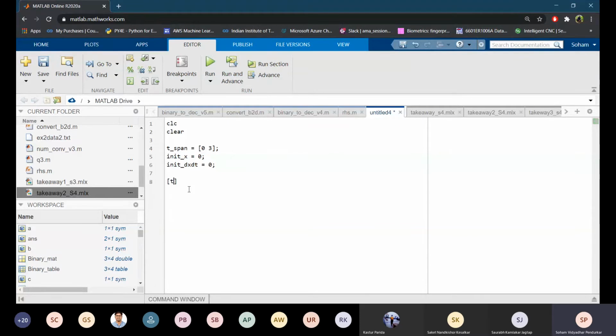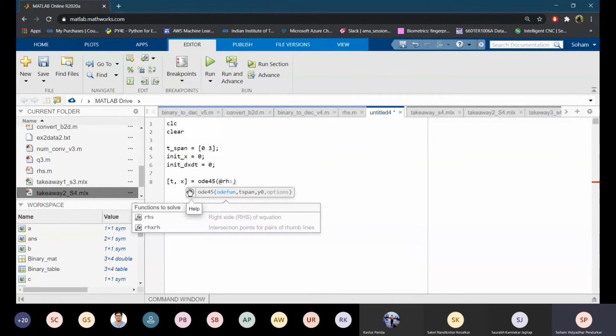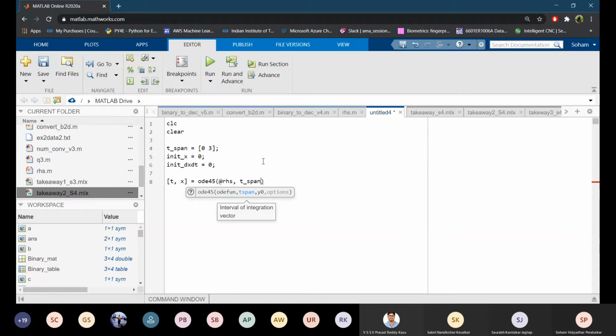So now I'll create t comma x is equal to ODE45 at the rate RHS, comma t-span, comma y0, in which case I'll specify it in an array, init x space init dx dt.